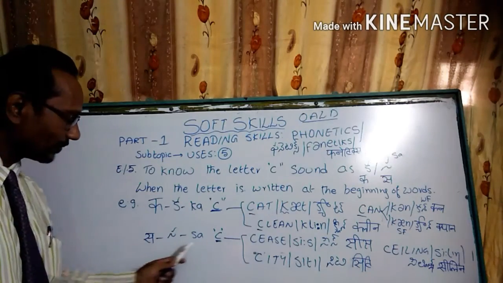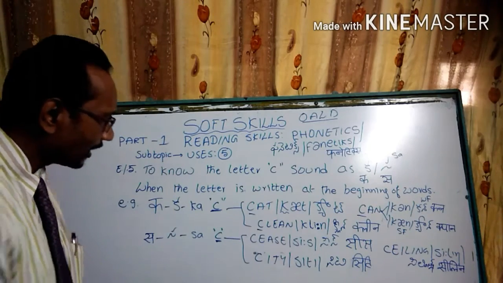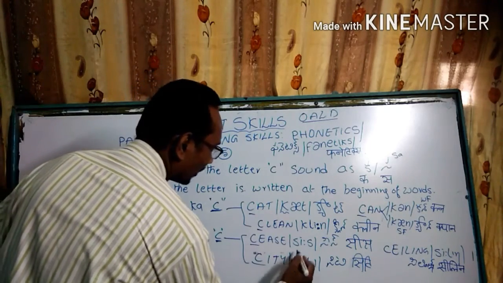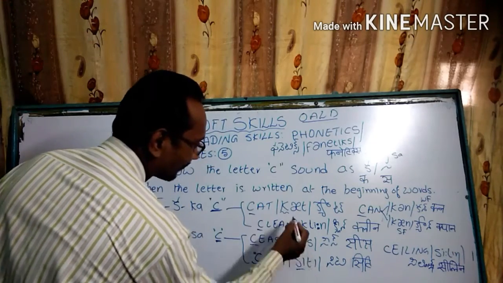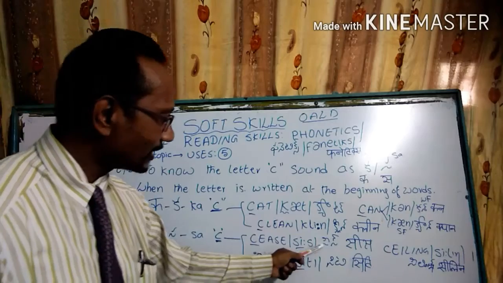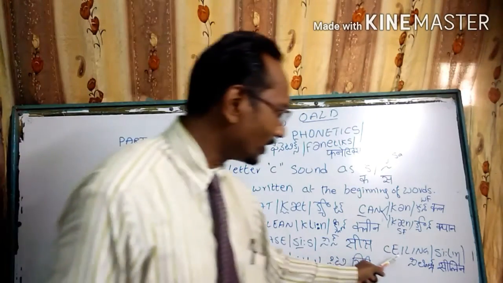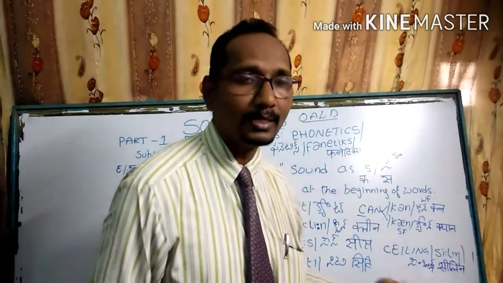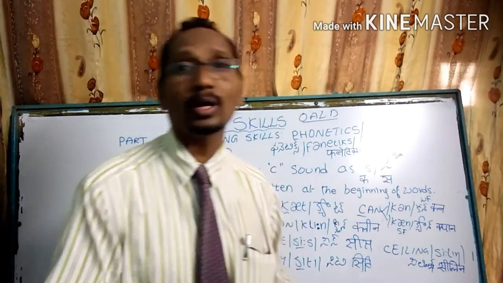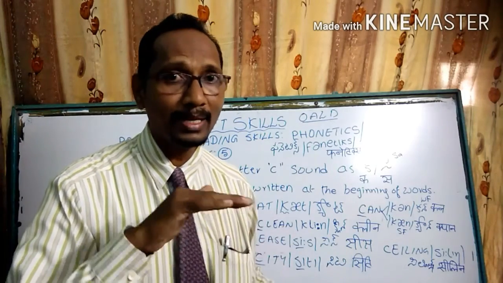Coming to the sa sound, here C is the letter written in the beginning and the sound is also written as a sa sound in the phonetic formation. So this word is pronounced as seas. This word is pronounced as city. This word is pronounced as ceiling. C is written and the sound is also pronounced as the same sound.